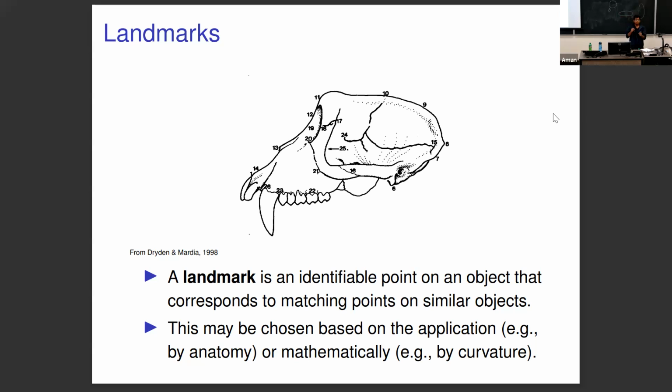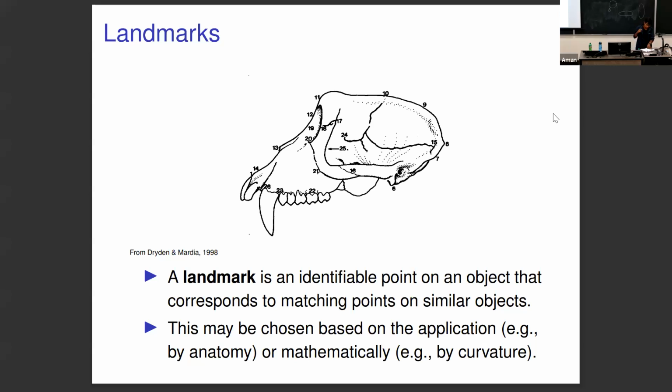A landmark itself is a uniquely identified point on a shape that can be used across different shapes to compare them and see if they align or not. It should summarize the overall geometrical information in the shape using this location.